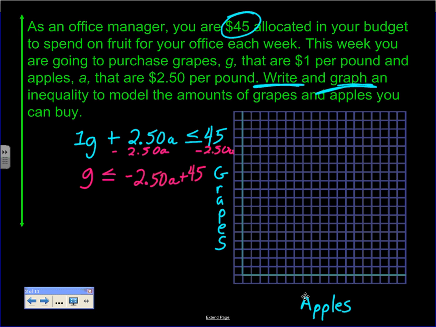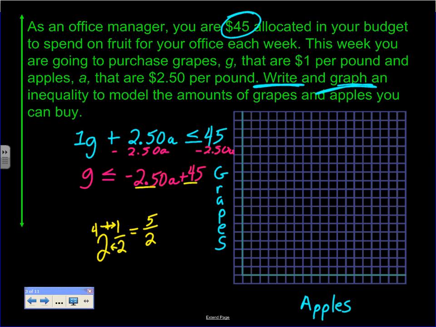In slope-intercept form, we should have the y-intercept and the slope. I think I want the slope as a fraction. So 2.5 we know is 2 1/2. Change this to an improper fraction. Take the denominator 2, multiply it by the whole number 2, and 2 times 2 is 4, and we add it to 1 to equal 5.